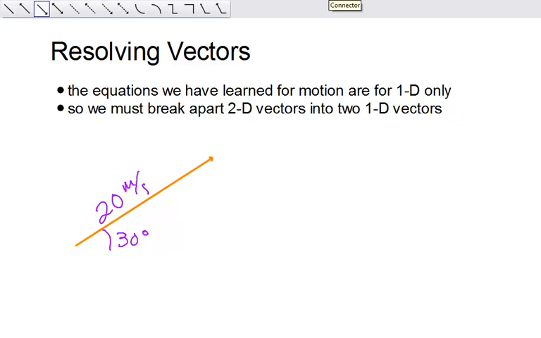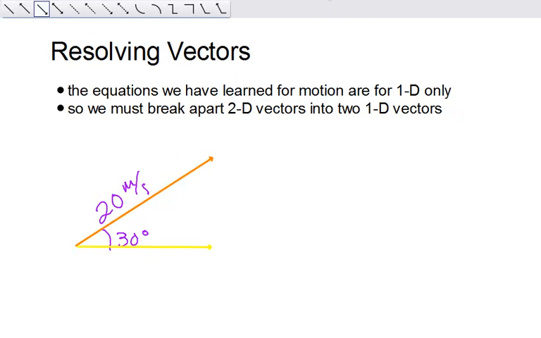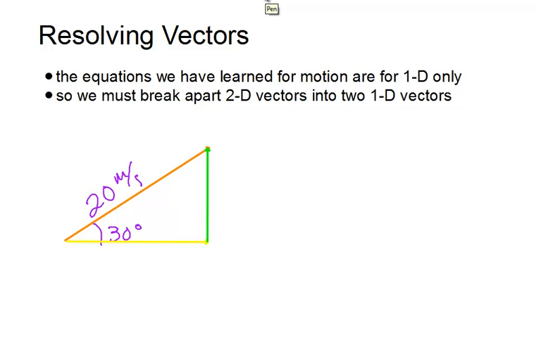So we're going to break it apart into a horizontal component and a vertical component, just like we did with our displacement vectors before. This is V, so V overall is 20 meters per second. We can break V up into Vy and Vx.